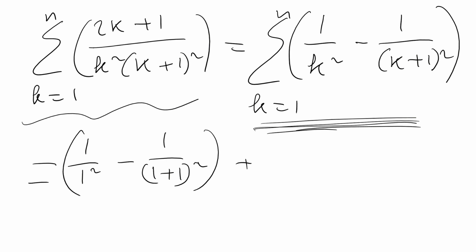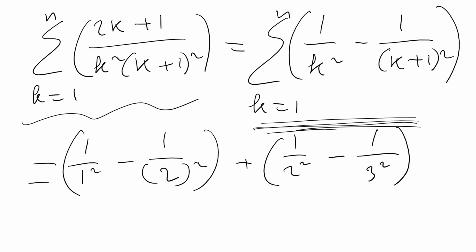Then you say plus, you have 1 over 2 squared, and then minus 1 over 3 squared, right? So this is 2, and you're going to keep going that way. This is 2, right? So what you observe is that this term is going to cancel with this, and some terms are just going to cancel like that.